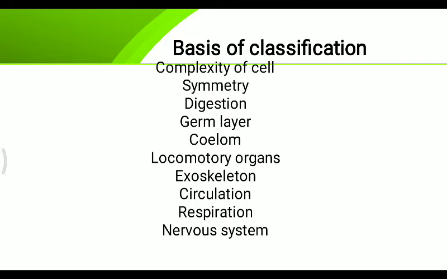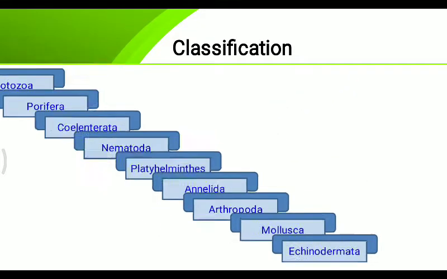In this video, I'll be discussing the key feature of each class. I'm not going to discuss all the salient features, but when you say a particular phylum, at least one character should immediately flash in front of your eyes. So I'm introducing each of the phyla to you.